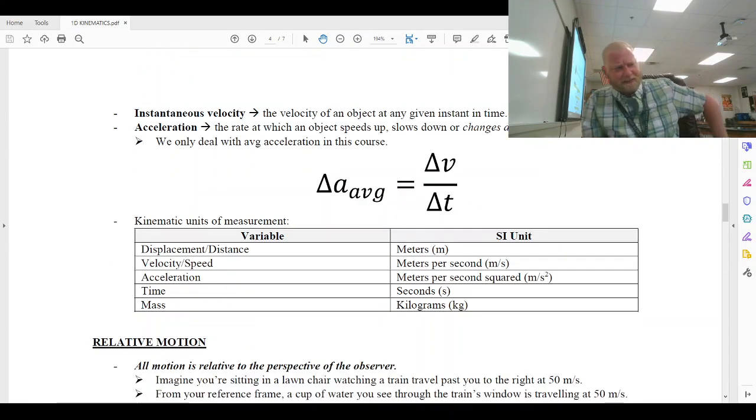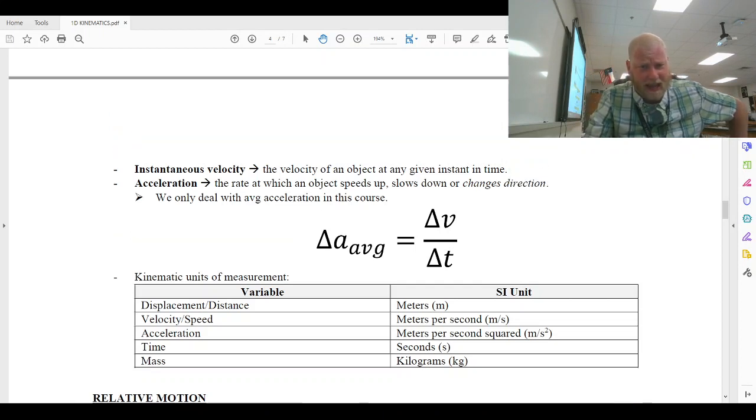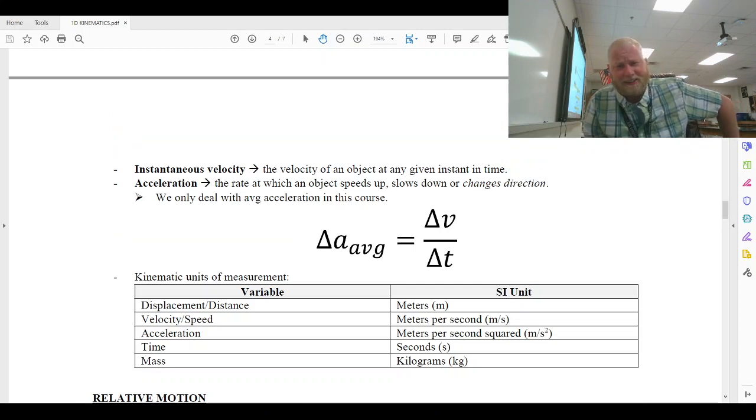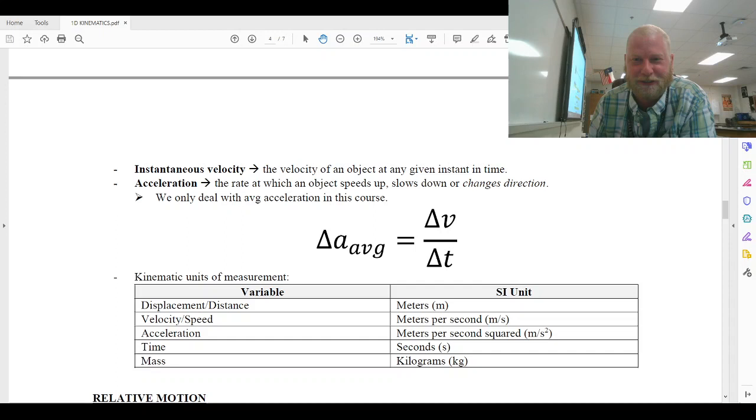But keep in mind, right, there's a difference between something moving at constant velocity and an object's instantaneous velocity. An instantaneous velocity is how fast the object was moving at any given moment in time. So for instance, let's say you traveled from here to Austin, and it took you 2 hours, right?